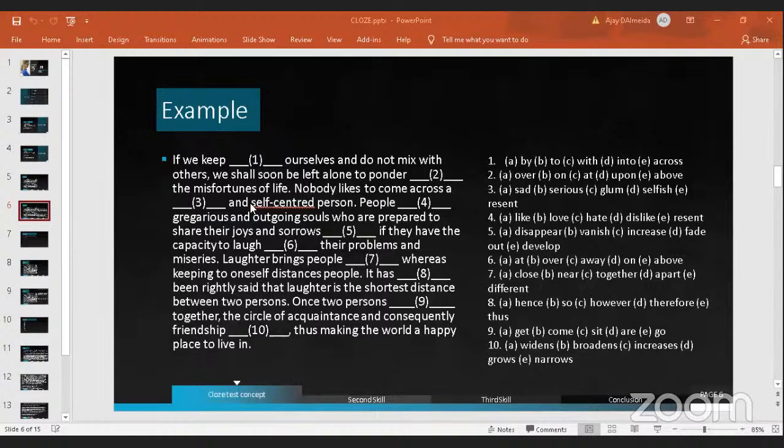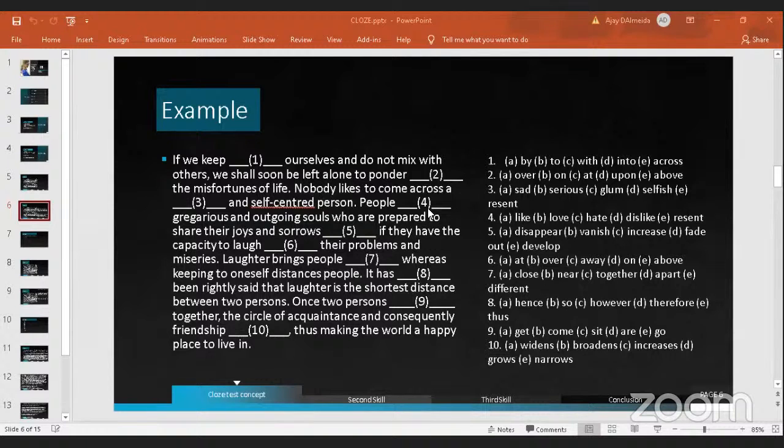Nobody likes to come across a dash and self-centered person. Now, I told you, remember, you should read the sentence before also. When you read the first sentence, you realize there is a person who ponders on the misfortunes of life. That should be a sad person, and at the same time, this person doesn't mix with anyone.